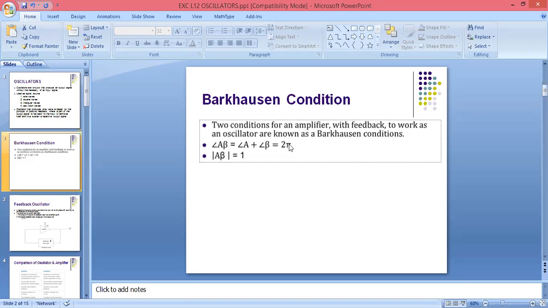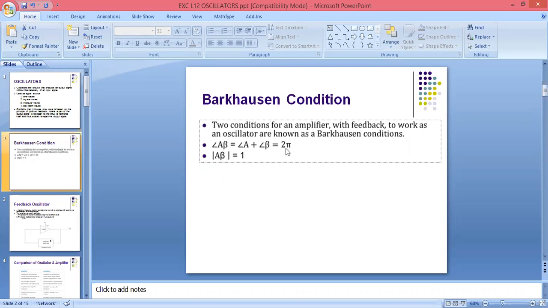And also the gain into the feedback factor. Beta is nothing but the feedback factor. So if we need to use any device as an oscillator, then the modulus of A into beta will be 1. It means its value is required to be 1. So it is the loop gain and it is the loop phase shift.